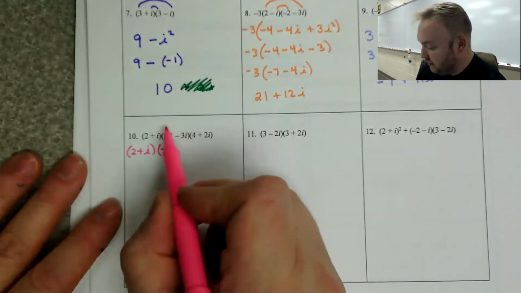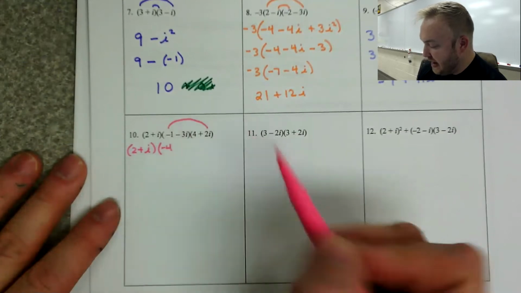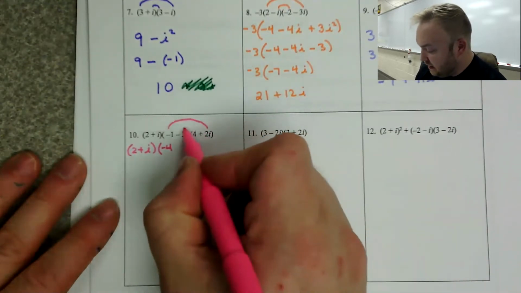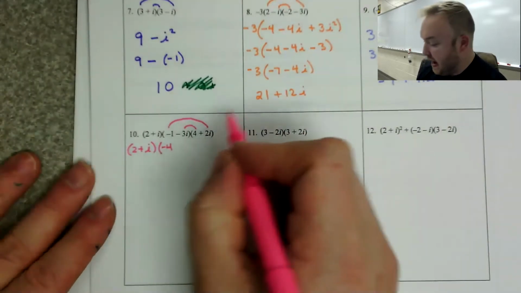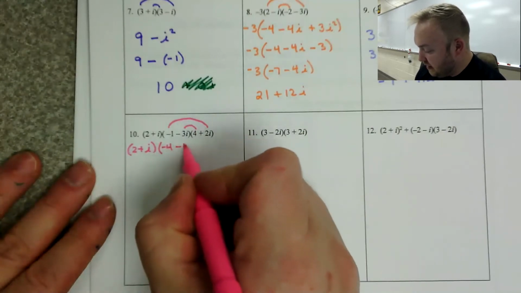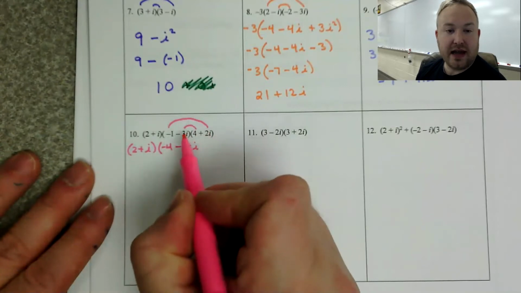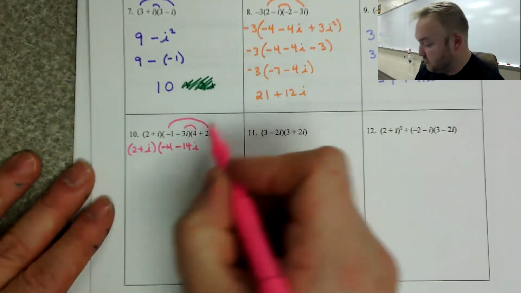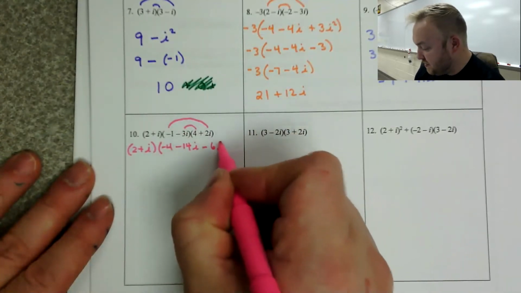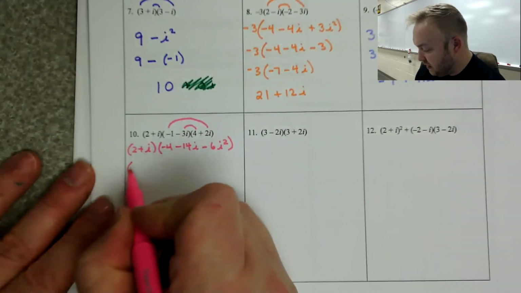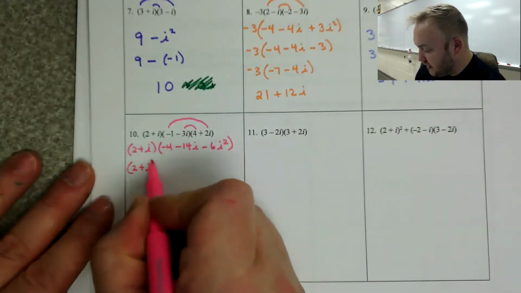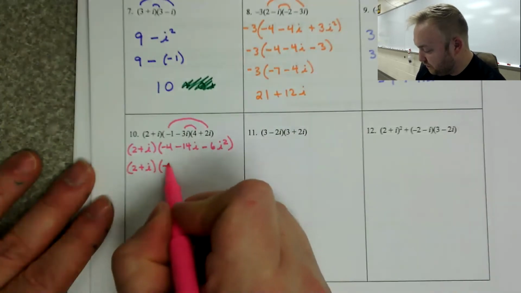Let's do the outer and the inner. So the outer is going to be negative 2i. The inner is negative 12i. Add those together, and we have negative 14i. Last times last is negative 3i times positive 2i. That's negative 6i squared. Okay, we're still not ready for the 2 plus i, so we'll leave that alone.